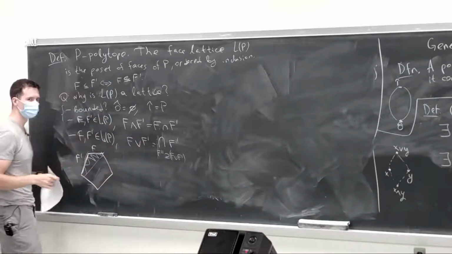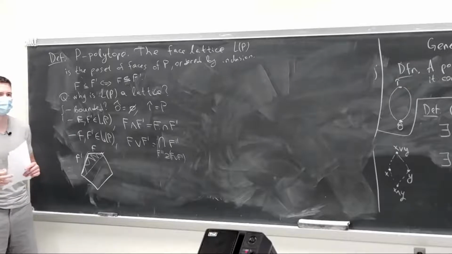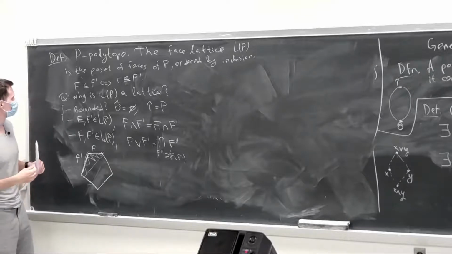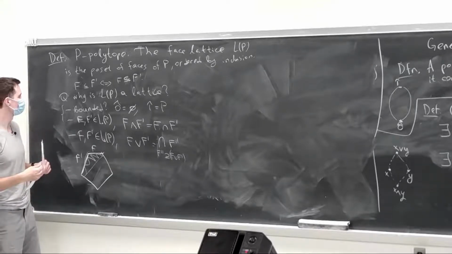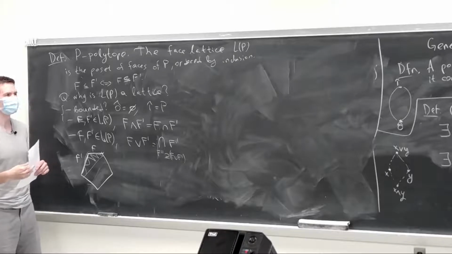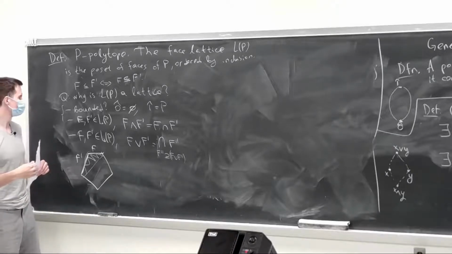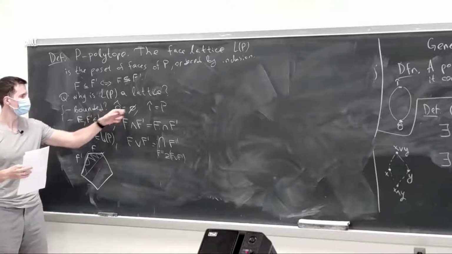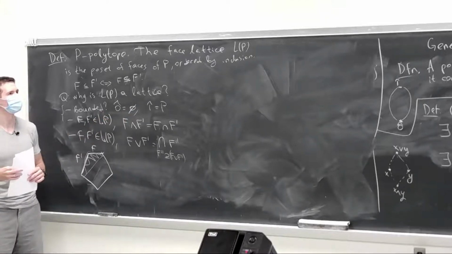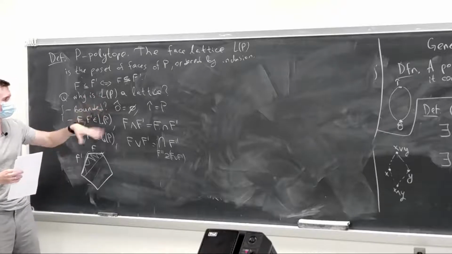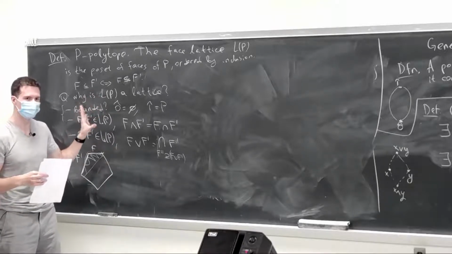You can check that what you get is always a lattice. I think it has to be finite. I'm not actually sure, it could be that it works for infinite. I don't remember, but I think for finite it definitely works.